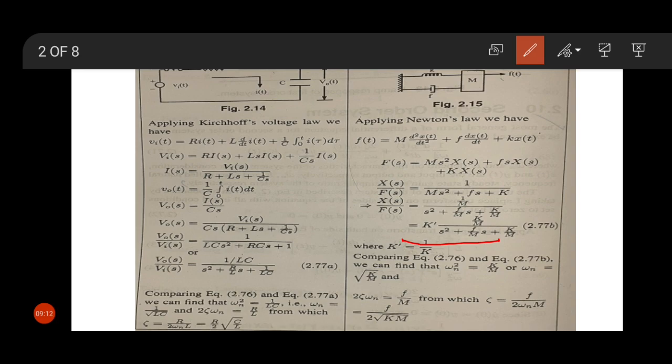Because we want to make this numerator equivalent to K by M. Here the numerator is 1 by M, so to make this 1 by M equivalent to K by M, we have taken the extra term K dash. So K dash equal to 1 by K.